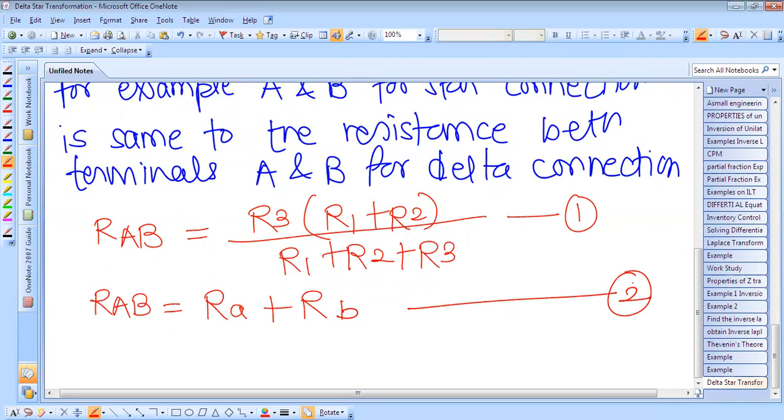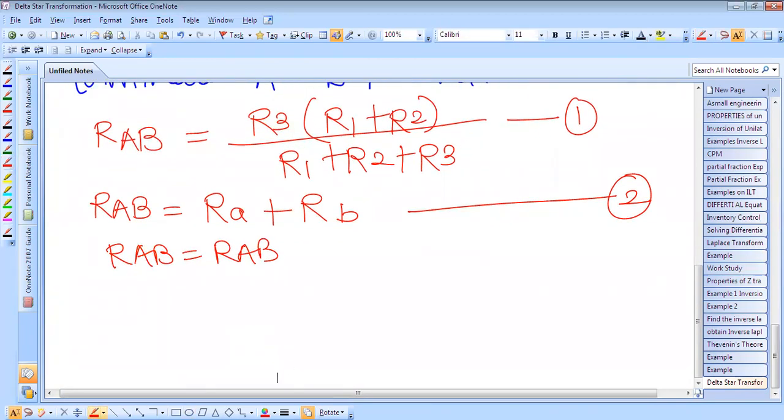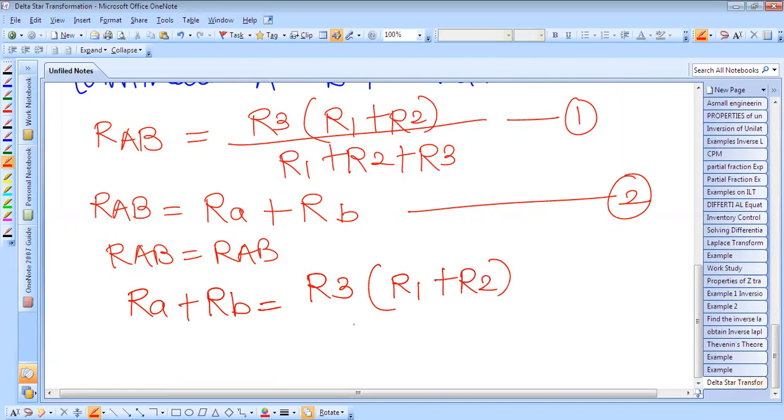If these networks are equivalent to each other, then we can write RAB equals RAB for these two equations, and therefore RA plus RB is equal to R3 into R1 plus R2 divided by R1 plus R2 plus R3. This is equation number 3.